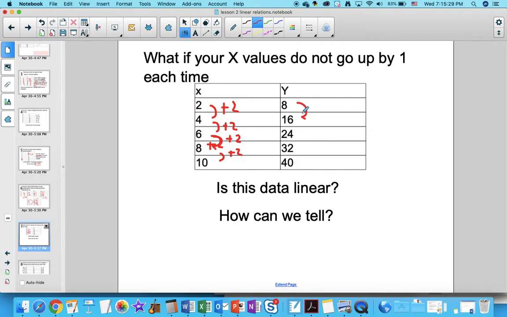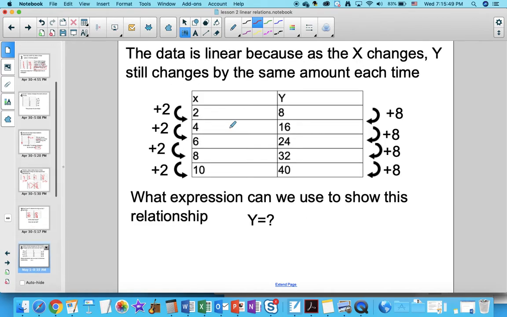This is changing by 8. Changing by 8. Is it linear? It's not going up by 1, but is it linear? Well, yeah. The data is linear because as the x changes, the y is still changing by the same amount.